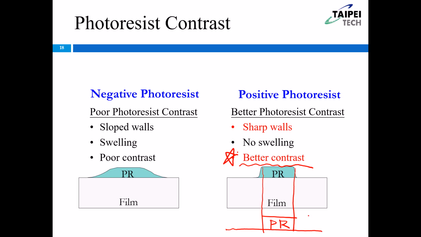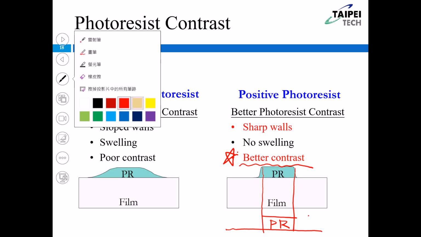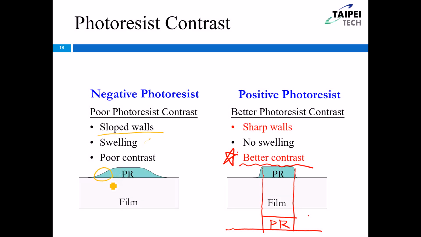I don't want the slope worse, or the slope worse like this, okay? I don't want the slope worse like this. I want a very sharp wall, like the positive PR, okay? Because I want to have the better resolution of the photolithography.